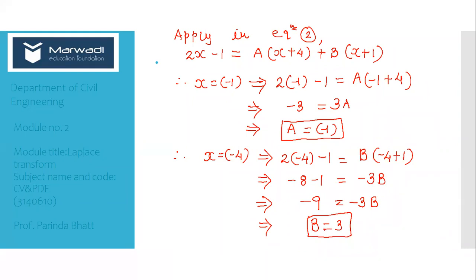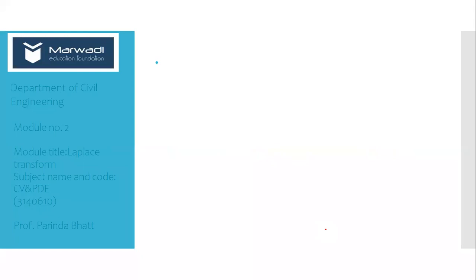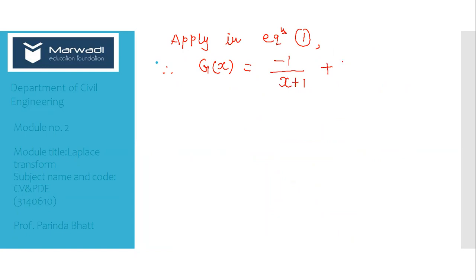Now apply this value in equation number 1. Therefore, g of x equal to minus 1 divided by x plus 1 plus 3 divided by x plus 4, with the value of a and b.